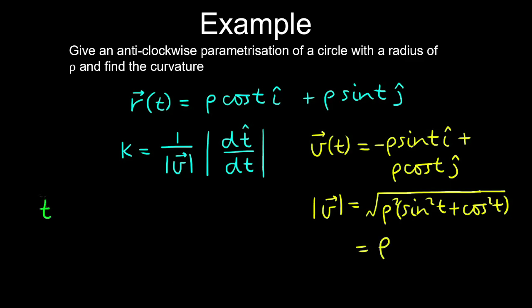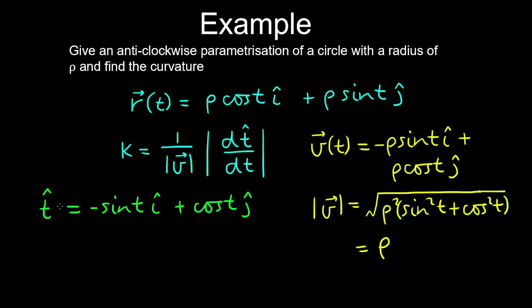And the unit tangent vector is equal to the velocity over the magnitude of the velocity. So that gives minus sine t in the i direction plus cosine t in the j direction.